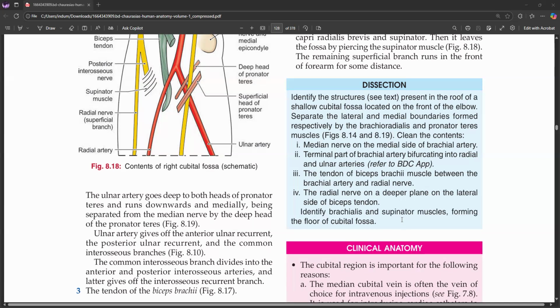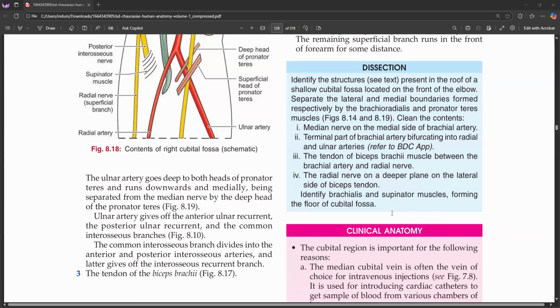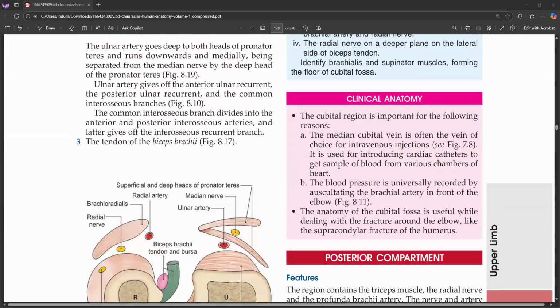Median nerve on the medial side of the brachial artery. Terminal part of the brachial artery bifurcating into radial and ulnar arteries. The tendon of biceps brachii muscle between the brachial artery and radial nerve. The radial nerve on a deeper plane on the lateral side of the biceps tendon. Identify brachialis and supinator muscles forming the floor of the cubital fossa.